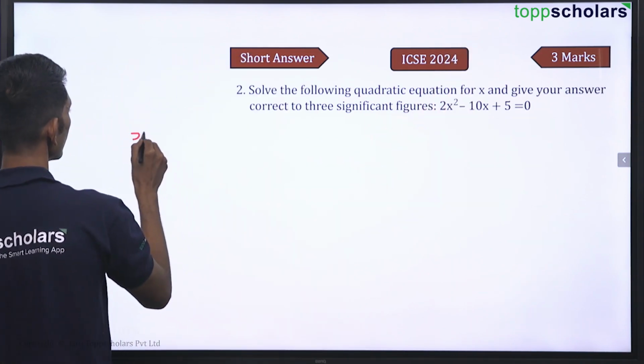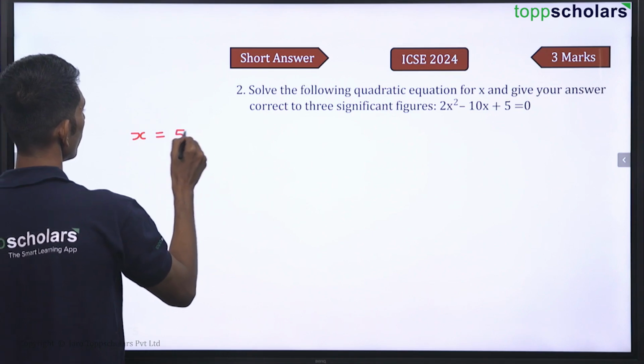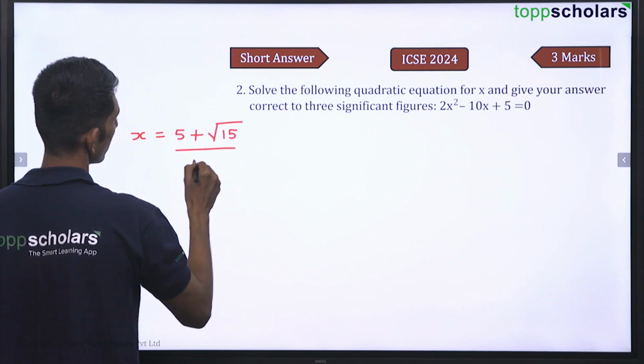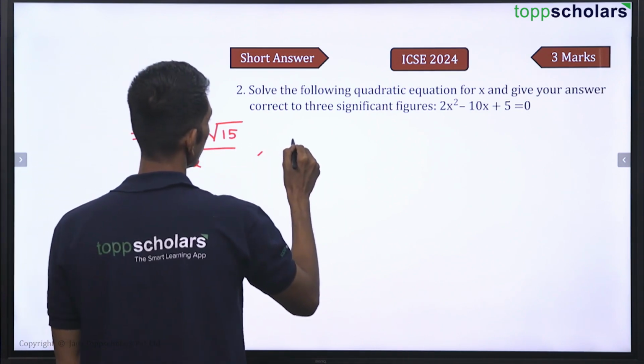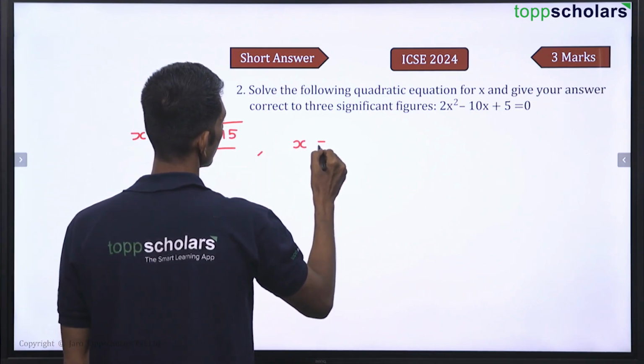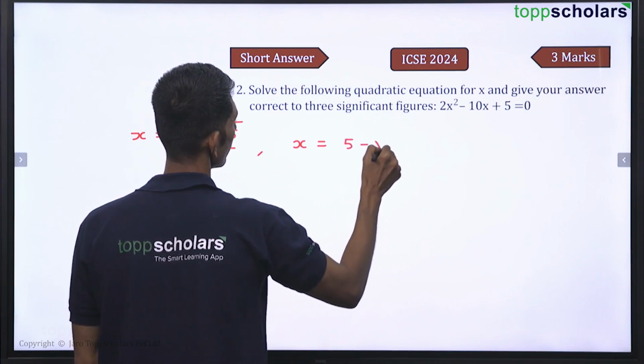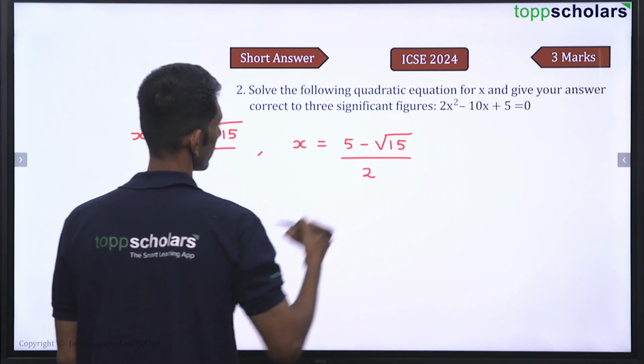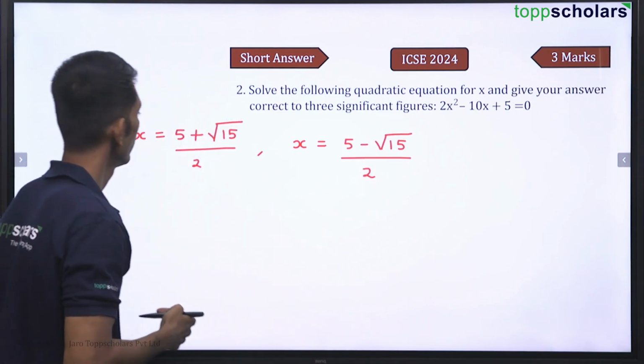So we get x is equal to 5 plus root 15 the whole divided by 2, and x is equal to 5 minus root 15 the whole divided by 2.